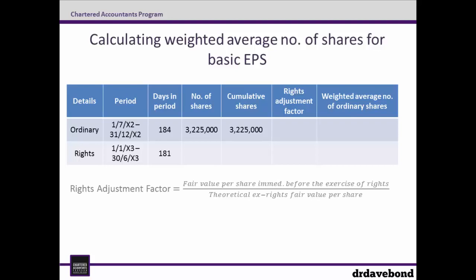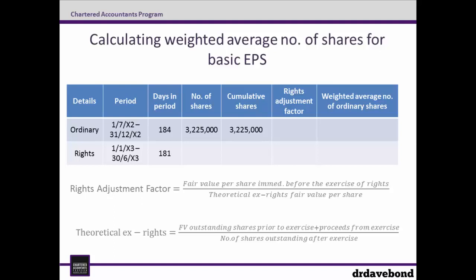To calculate the rights adjustment factor, the fair value per share immediately before the exercise of rights is divided by the theoretical ex rights fair value per share. We already have the 3.75 fair value, but we need to find the denominator. To do this, we add the fair value of outstanding shares prior to exercise to the proceeds from the exercise of the rights and divide that whole amount by the total number of shares outstanding after the exercise of the rights.